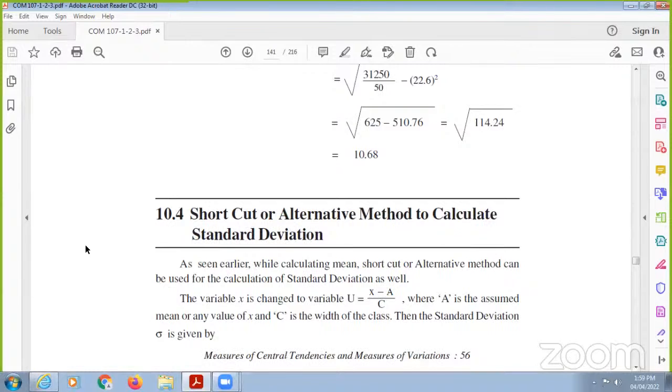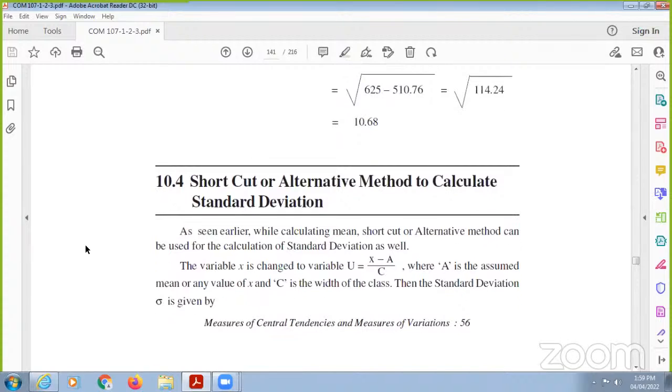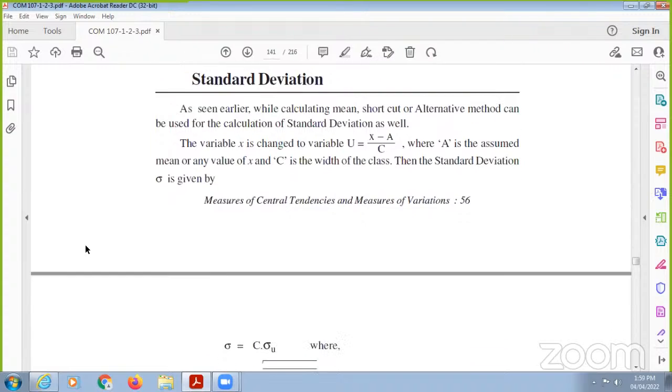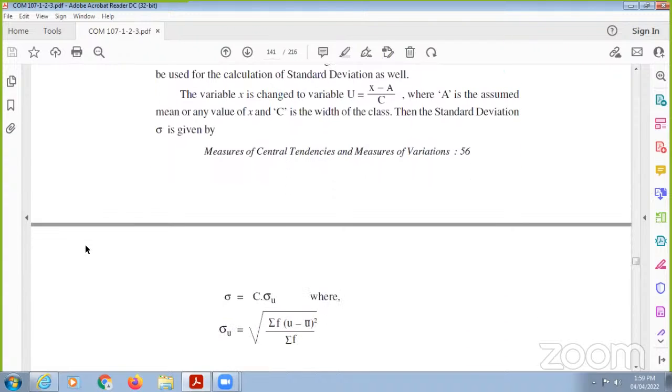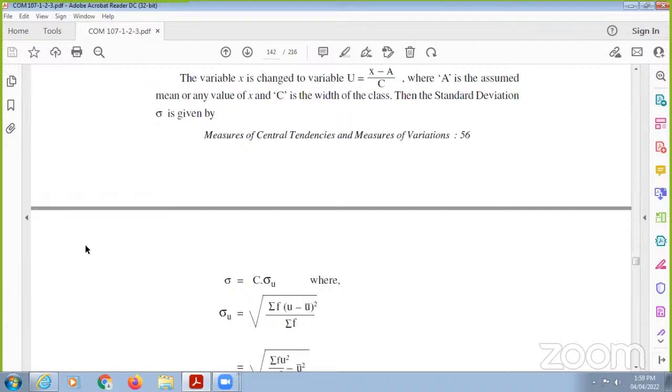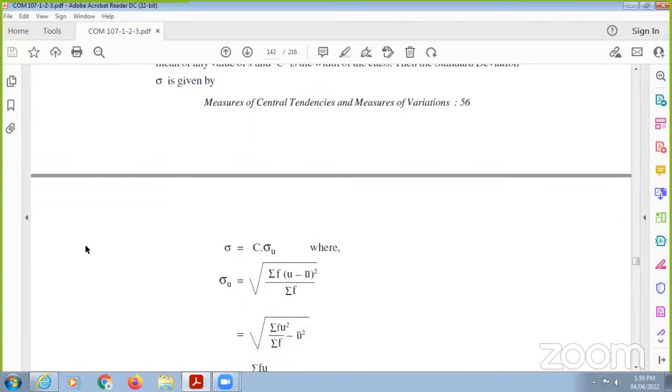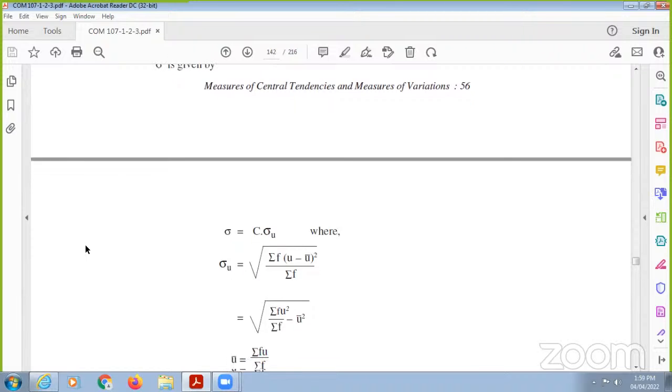Then standard deviation can be denoted by that sign also. Here is the example for you. Standard deviation is equal to under root summation f u minus u bar bracket square upon summation f. That means under root summation fu square upon summation f minus u bar square.